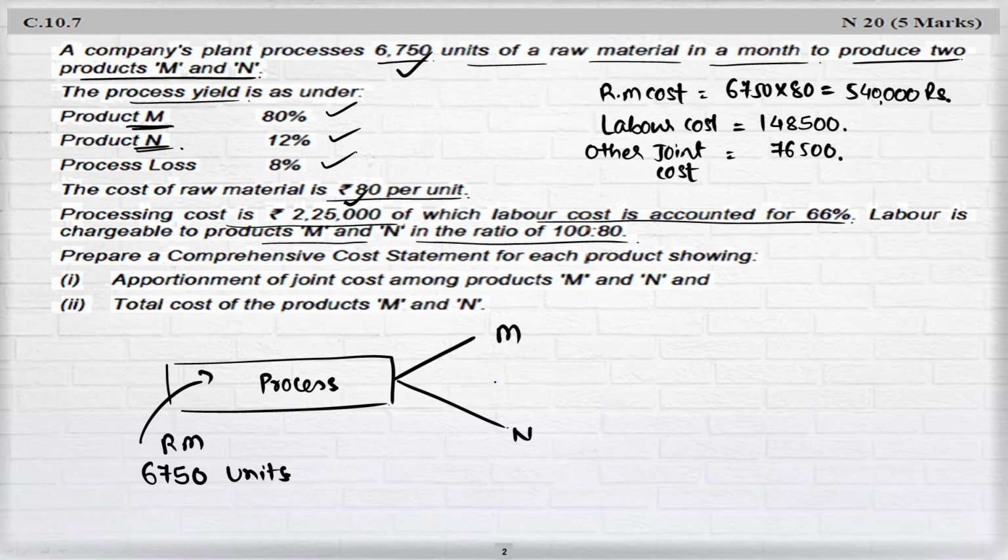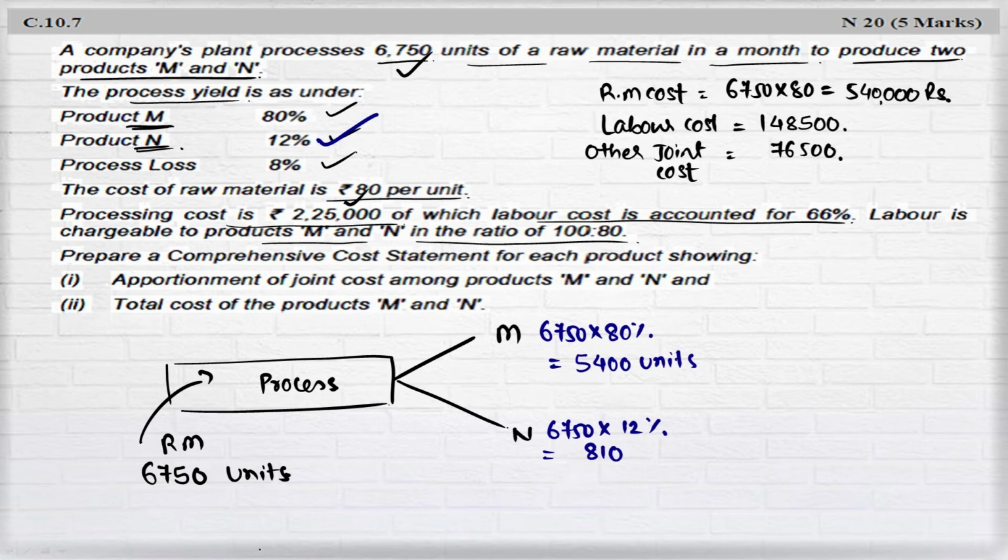How much M will be manufactured? 6,750 into 80% is 5,400 units. How much N will be manufactured? 6,750 into 12% is 810 units.